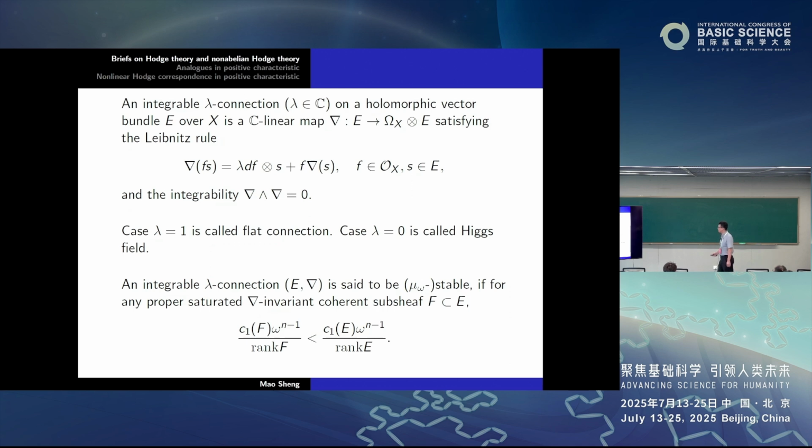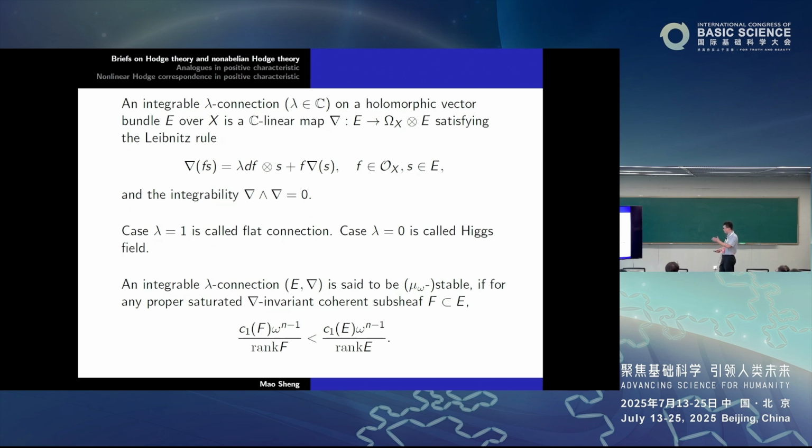Its main objects: usually one setup is like this. You start with an integrable connection. Here take lambda equal to 1, and you will have a usual connection. When you take lambda equal to 0, you will get the so-called Higgs bundle. You can formulate this in one package, the so-called lambda connection.